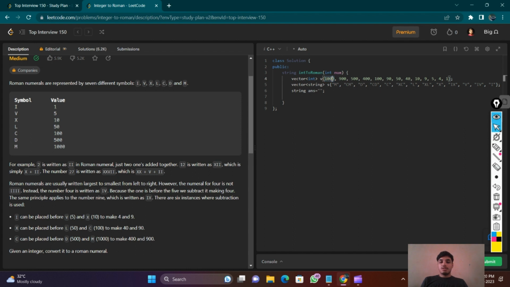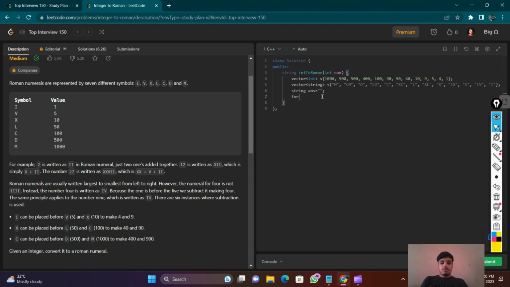If it is, then we can take M directly and subtract this value 1000 from num. Then again we check if it is equal to or greater than it, and if so we write M again. That's how we move through all these values, checking one by one.